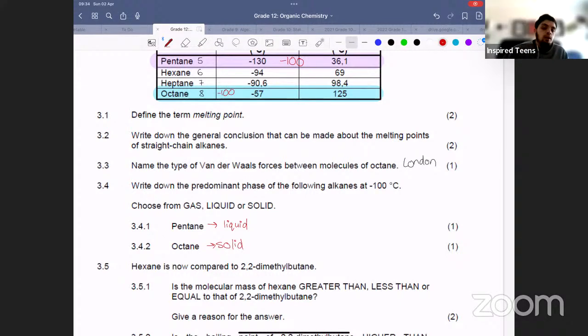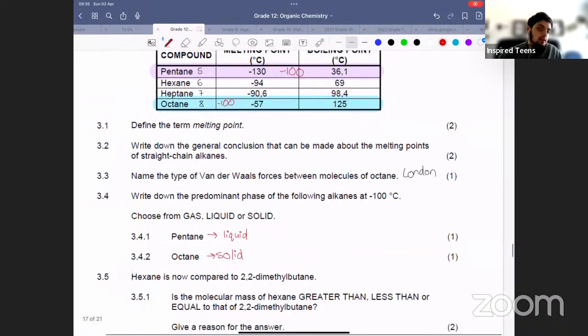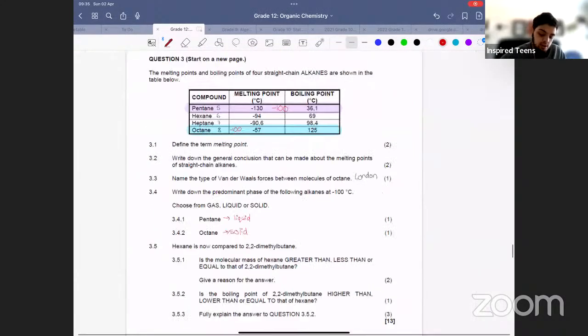So if you want to compare molecular mass between these two compounds, what we could do is just identify the amount of carbons and hydrogens there are in each, and then compare the molecular mass, because the molecular mass is made up by all of the elements. So if we have a look at what is it? Hexane, an alkane, has the general formula.